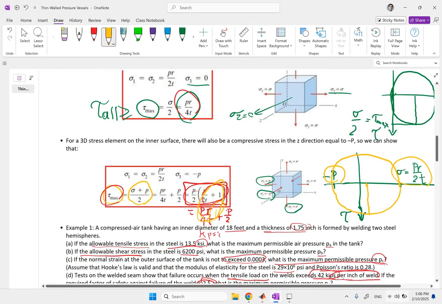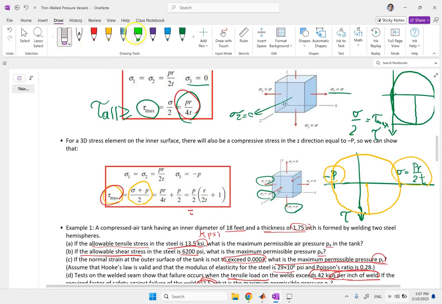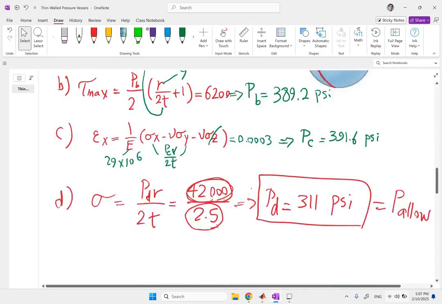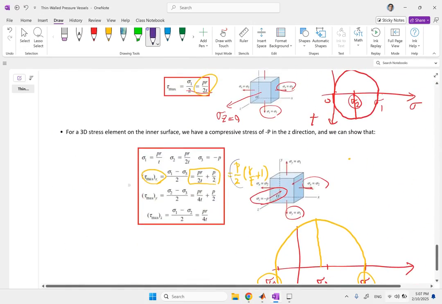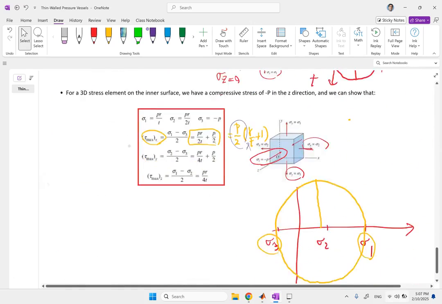Oh, sorry, this is P over 2 times R over 2T, so it's going to be a little bit smaller, plus 1, that was R over T. So you're going to get bigger shear stresses as well, of course. So this 2 here does not exist.